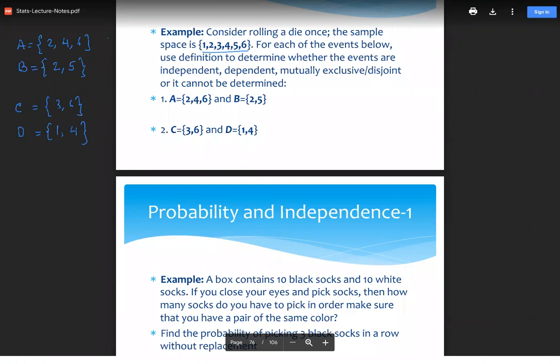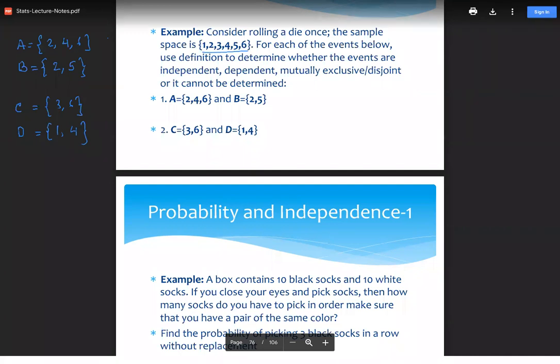Now, A and B are two events together, C and D are two events together. We are going to find out whether two events A and B are independent or not, and then whether they are mutually exclusive or disjoint, or it cannot be determined. So we are going to play around with independence versus mutual exclusiveness or disjointness, or can we not determine?